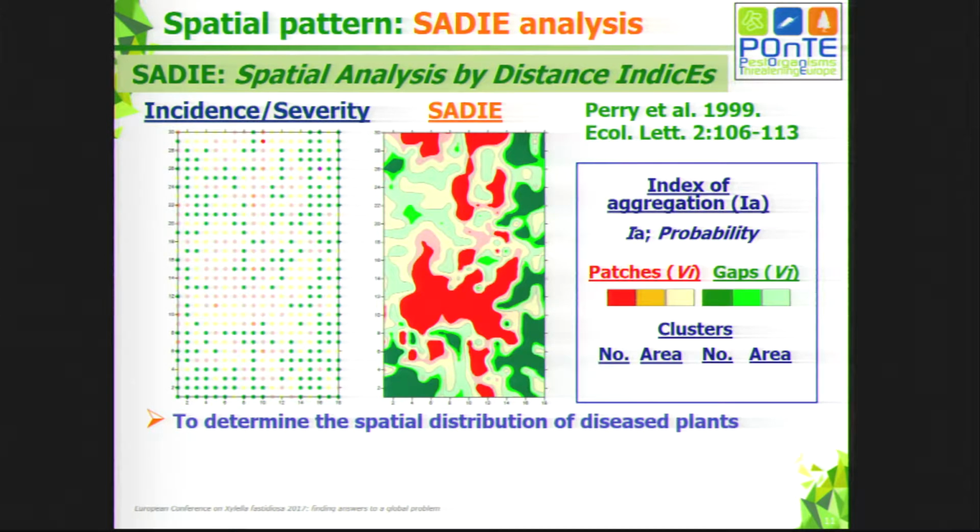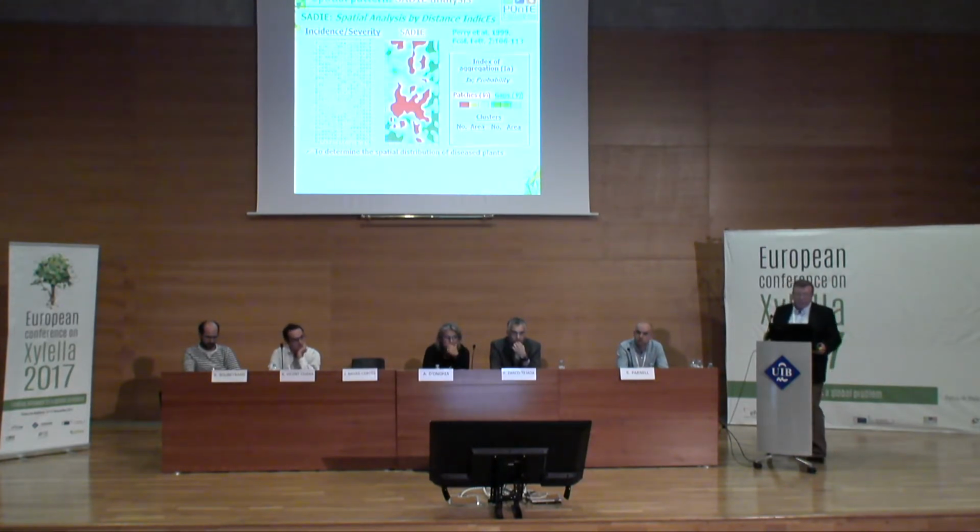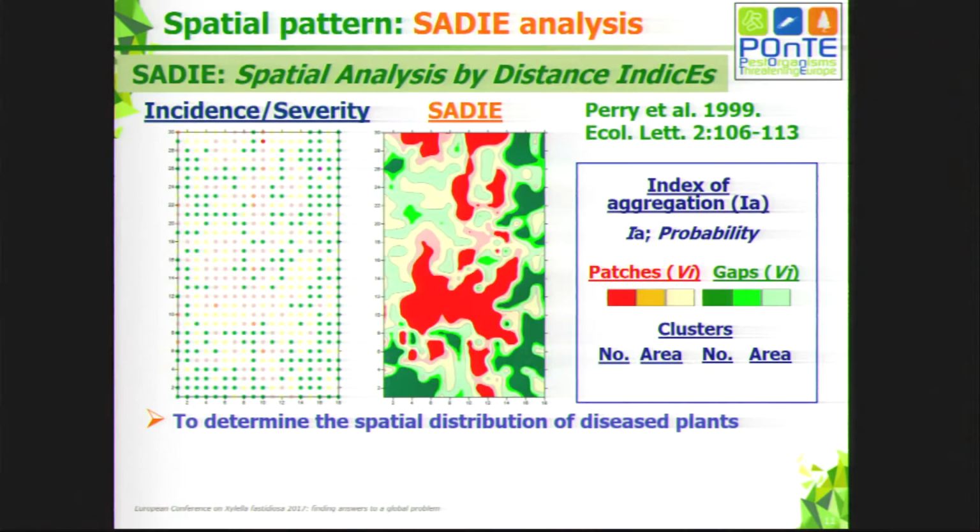And we apply the SADIE analysis that was already mentioned in the previous presentation. I will not go into the mathematical details of this analysis, because it's a bit complicated, but I will tell you that when you use the original data, in this case we are using disease severity, because this analysis was developed for counts, you classify the plants into different classes: patches and gaps.